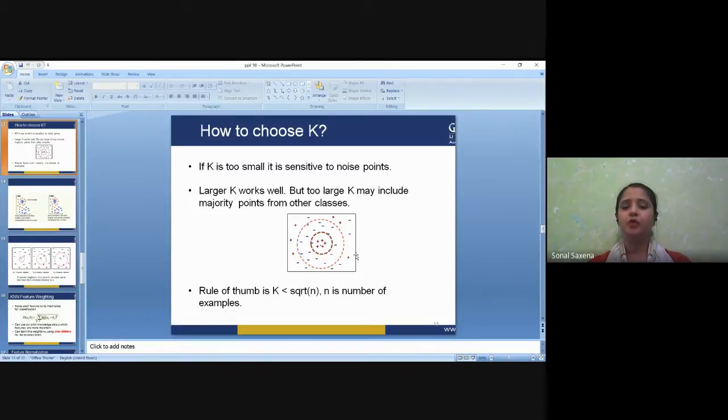This is an important formula: your value of k should not be very small because you need to avoid the noise points, but your k should be a large value.